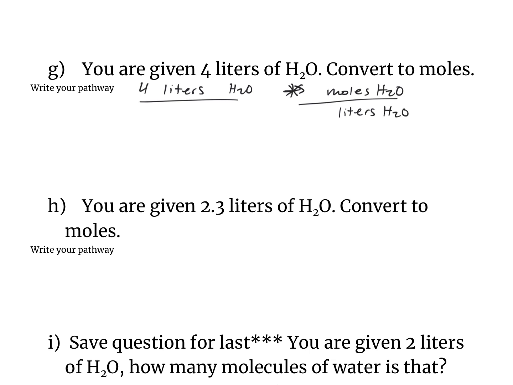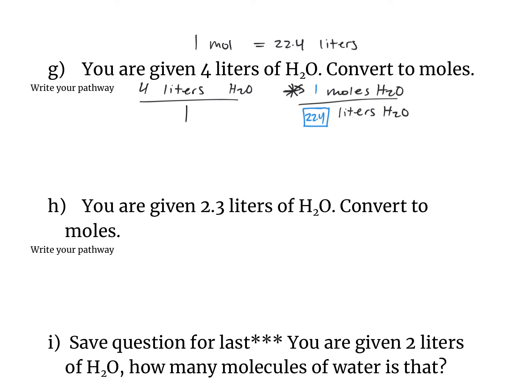I'm going to replace that arrow with a multiplication sign. And I'm going to put my given over 1. So remember, my conversion is 1 mole equals 22.4 liters. My 1 always goes with moles, and then my liters is going to be 22.4.